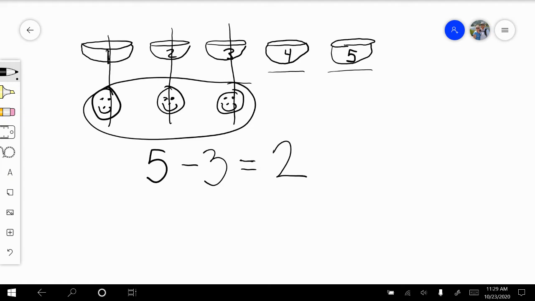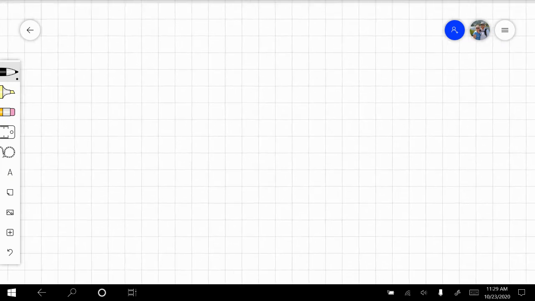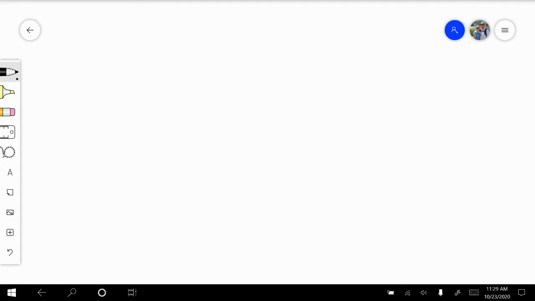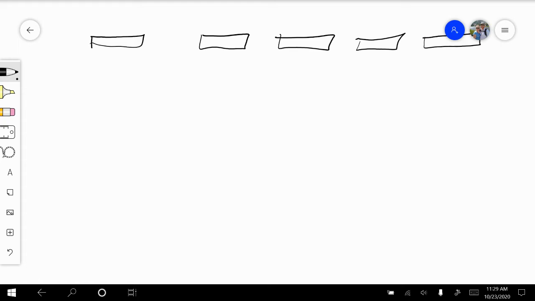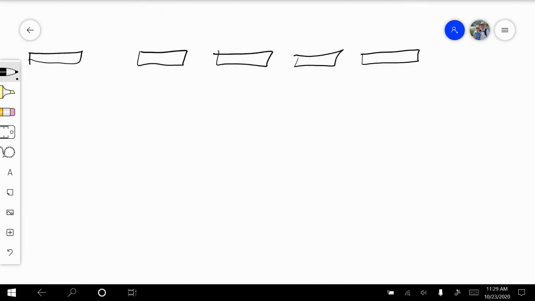Let's look at another problem, and let's do this together. Let's draw it together. There are 6 cars. 1, 2, 3, 4, 5, 6.